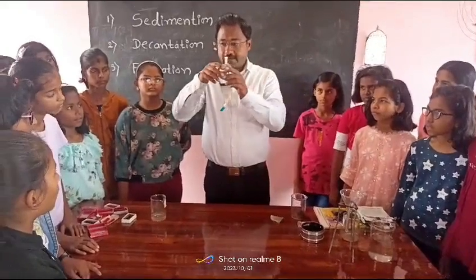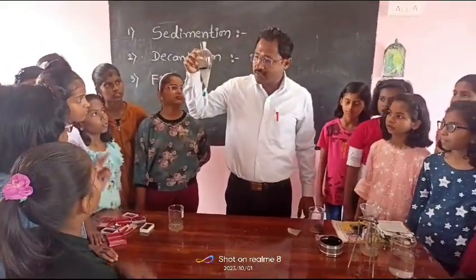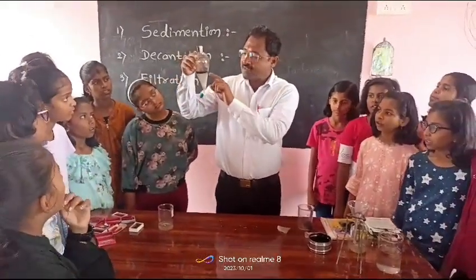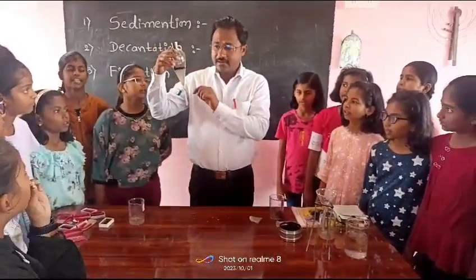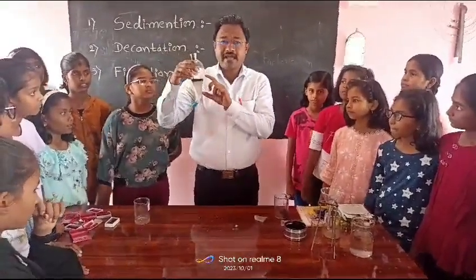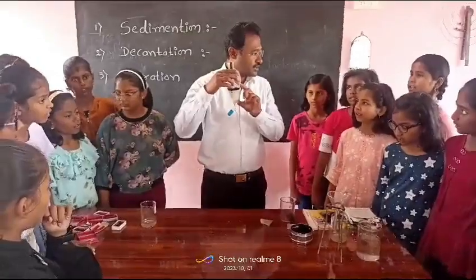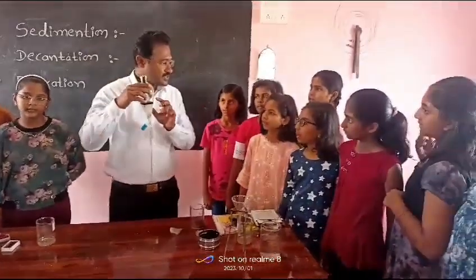Now what will you see here? There are two layers. The first layer is water and the second layer is oil. This mixture is called an immiscible mixture.